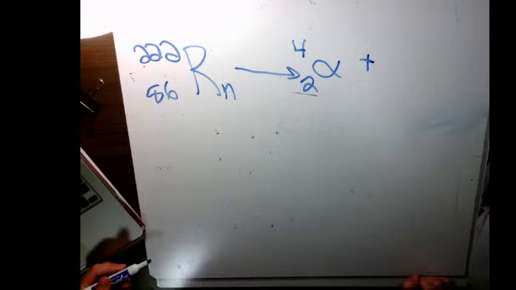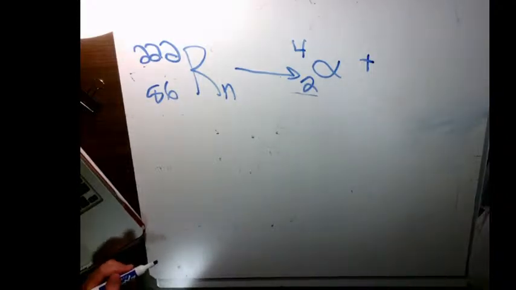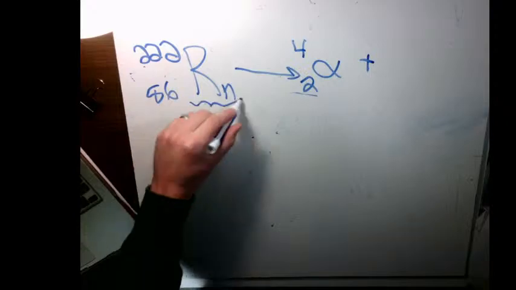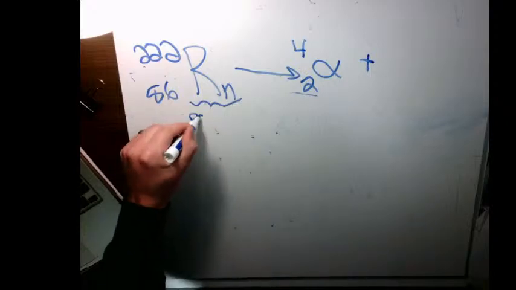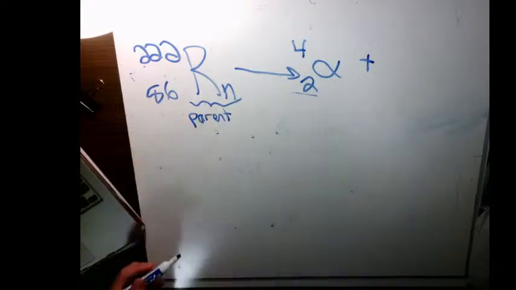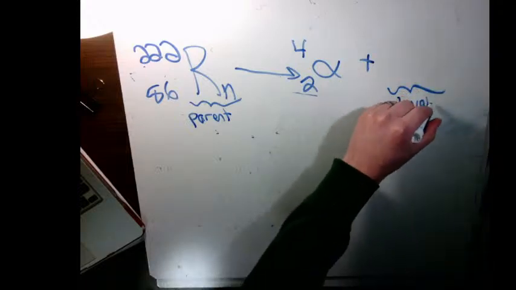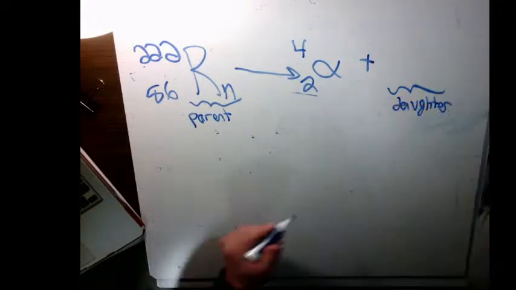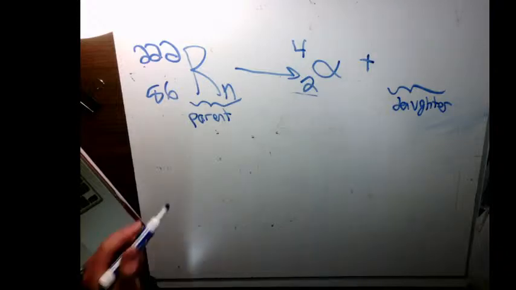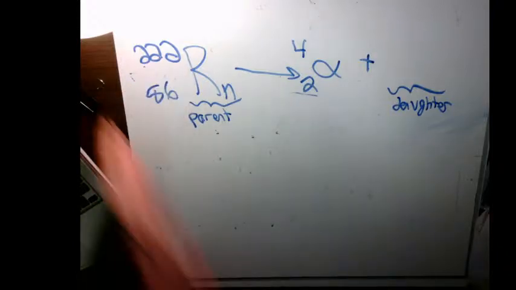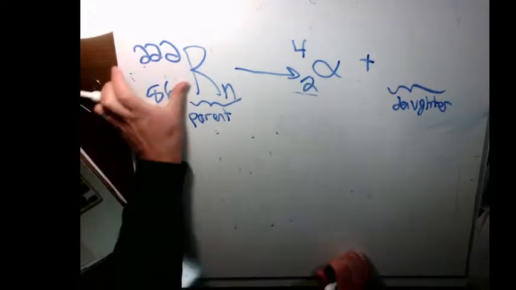And we need to discover what our daughter nucleus would be. So this would be our parent, and we're looking for what our daughter is. So we're going to look at our top numbers. I'll keep these in 2 different colors actually.